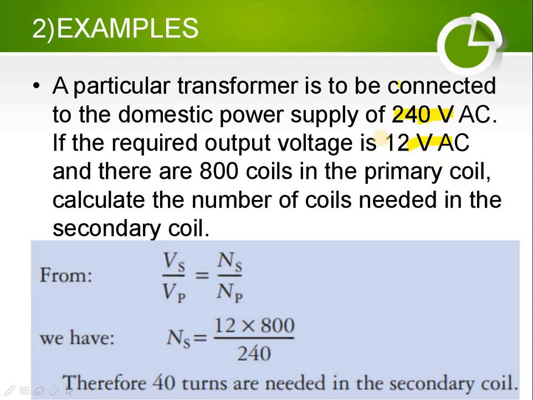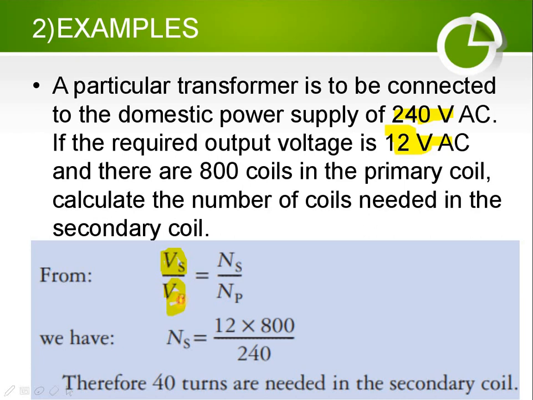What does a company basically do? When a company manufactures a transformer, they fix their output voltage. If they want to manufacture a 12 volt transformer, they fix this portion: their VS is fixed, the secondary side is 12 volt.